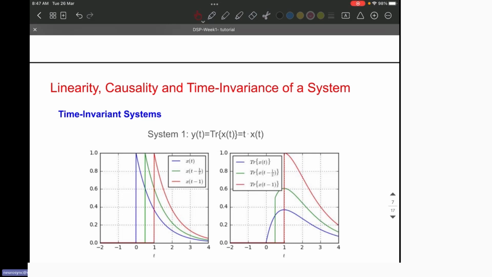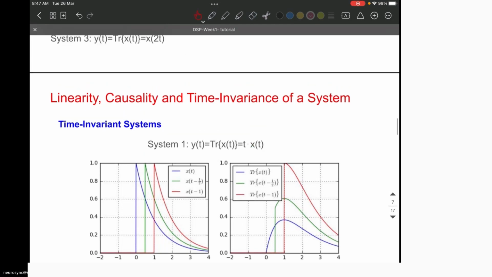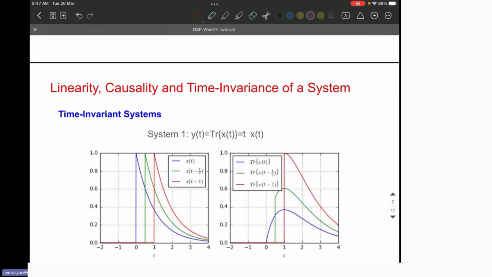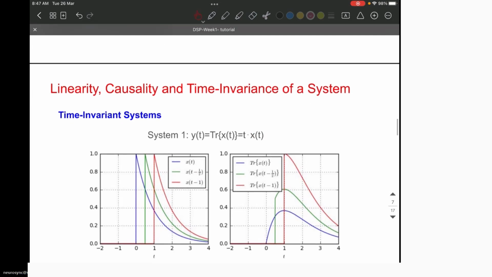If I shift this input signal, the input signal is shifted by 1 by 2 and 1. So this is the original signal, this is the input signal shifted by half, and this is the input signal shifted by 1.